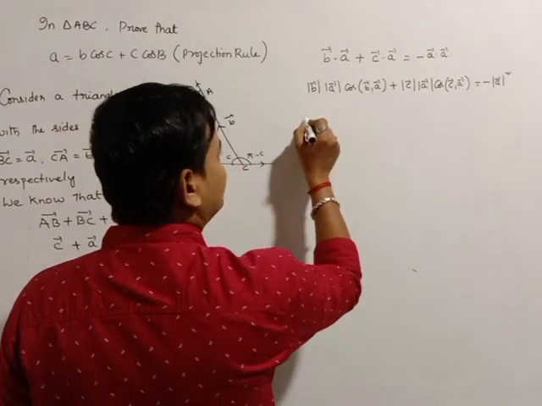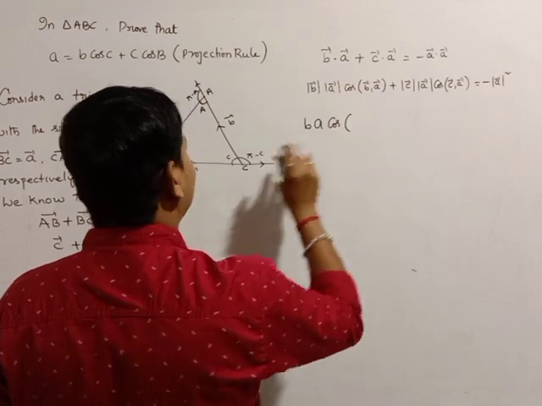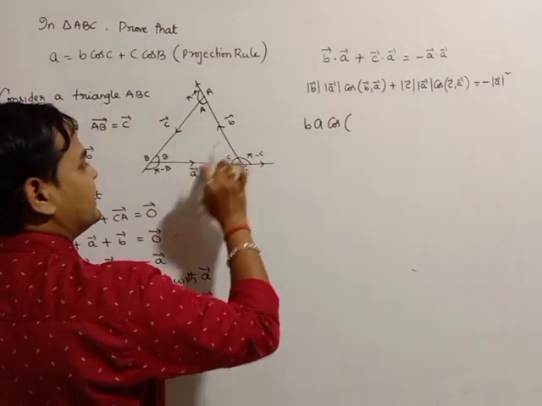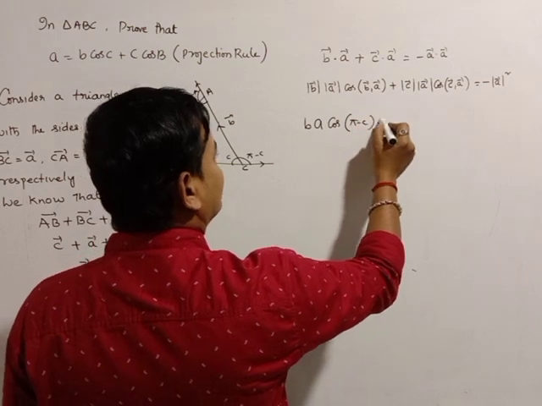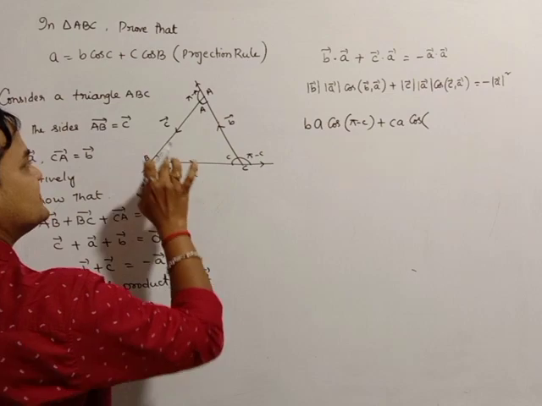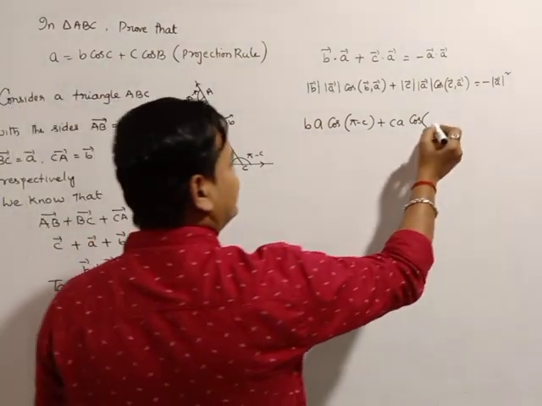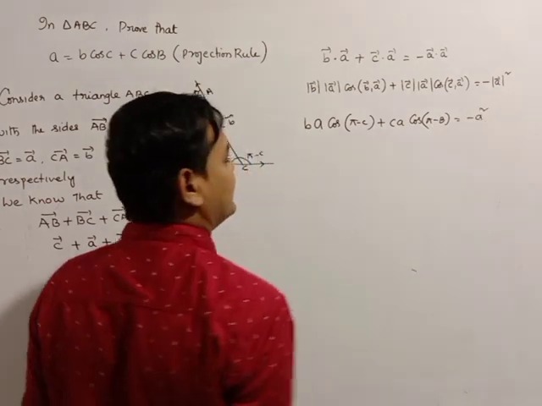So mod b bar means b, mod a bar means a, cos of the angle between b bar and a bar, what is that? Pi minus C. So c into a into cos of the angle between c bar and a bar, which is pi minus B. That is equal to minus a square.